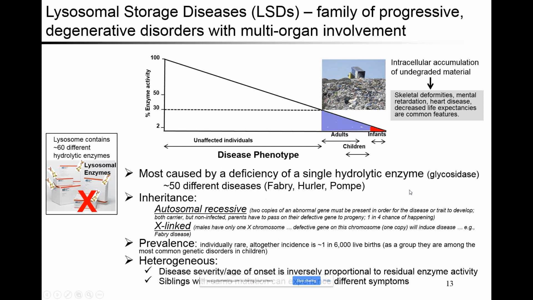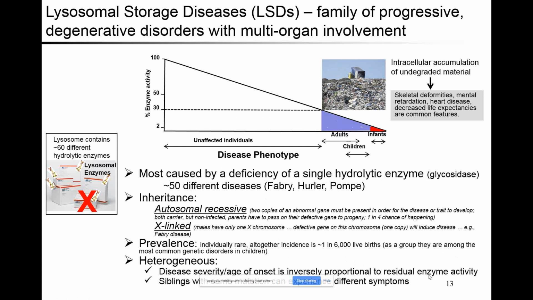There are about 50 of them that affect hydrolytic enzymes. Overall, their incidence is about 1 in 6,000 live births. So as a group, they're among the most common genetic disorders in childhood. And as I mentioned, the presentation is quite heterogeneous depending on how much residual enzyme activity you have based on that mutation.